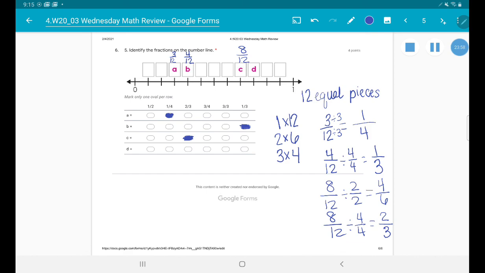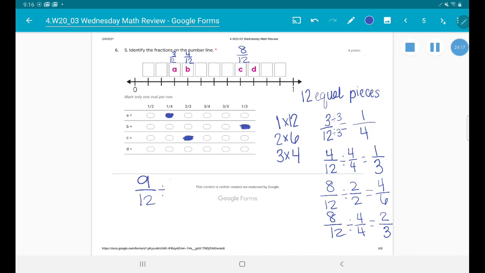So if this is 8/12, D is 9/12. We've got to figure out which is the biggest factor of both 9 and 12. 3. You're exactly right, Keith.